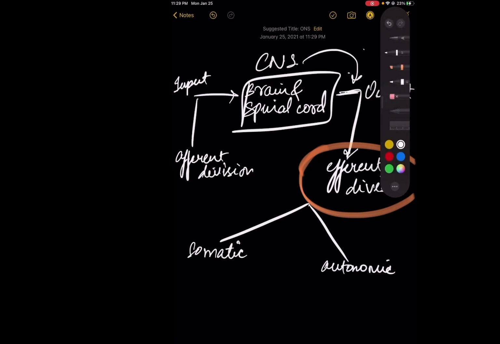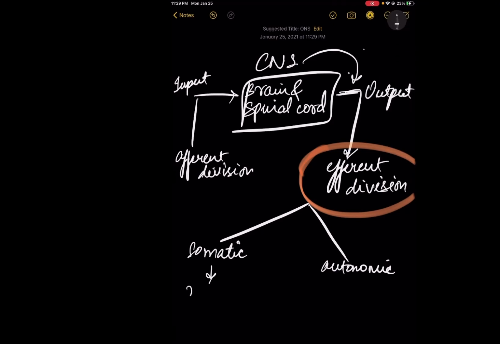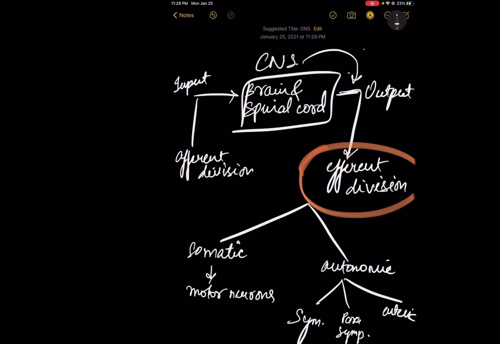Somatic is motor neurons, and in autonomic there are 3 kinds: sympathetic, parasympathetic, and enteric.